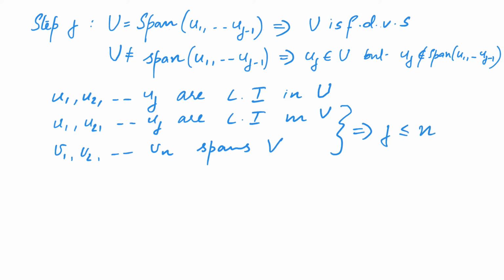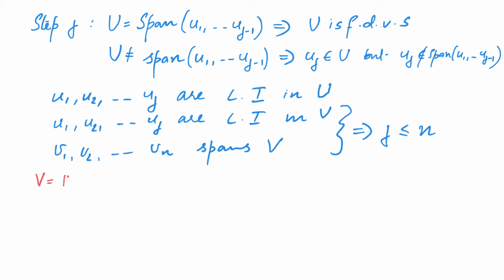And therefore, this process that we described earlier should end before n steps. In this way, we will be able to construct a spanning set for U. And that completes the proof. Once again, let us complete our understanding using the example that we were considering.